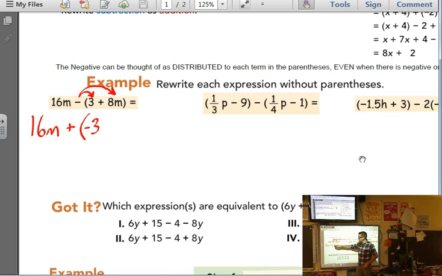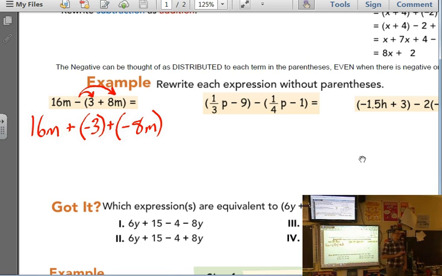So this becomes -3 plus, always assume addition and then fix it when we clean it up. Negative, or the opposite, times the positive 8m is again -8m. So now, yes, you could just write them as minuses.